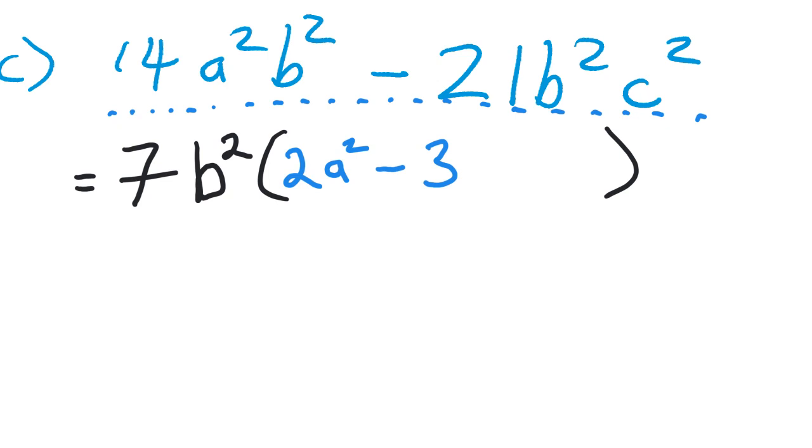Oh, we have b squared. So now b squared divided by b squared is nothing, so we don't worry about that. Now, the c squared, there's nothing that is coming out of this that will cancel this c squared. So all we do is just bring it down. So we're left with 3c squared, and we are done.